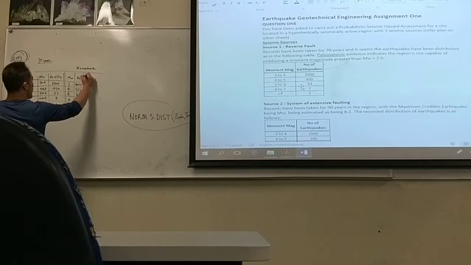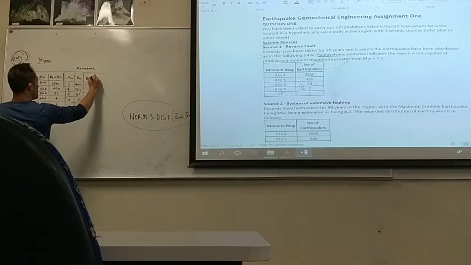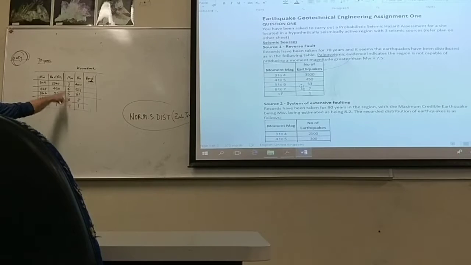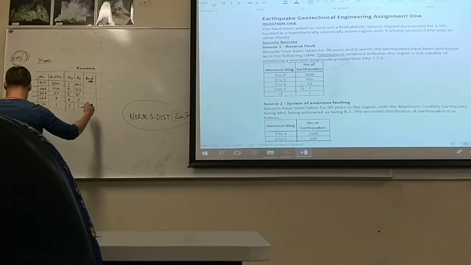And what's the annual rate? What do I do to get the annual rate? That's over how many years? 70. So what do you think I do with these numbers? Divide by 70.